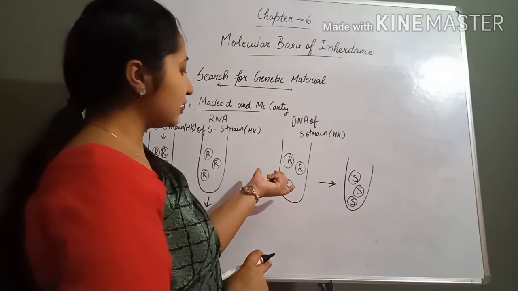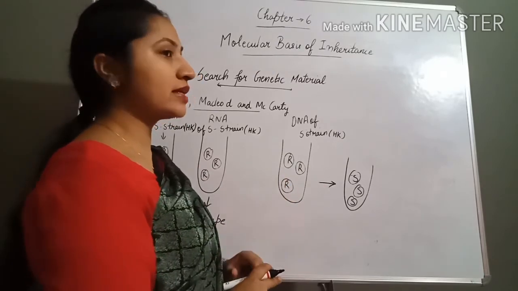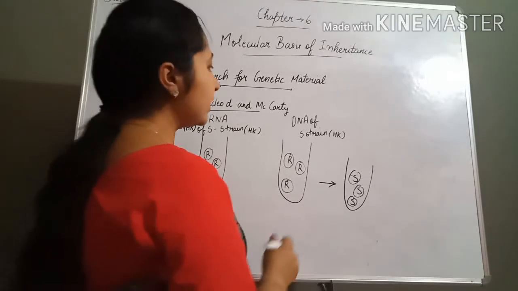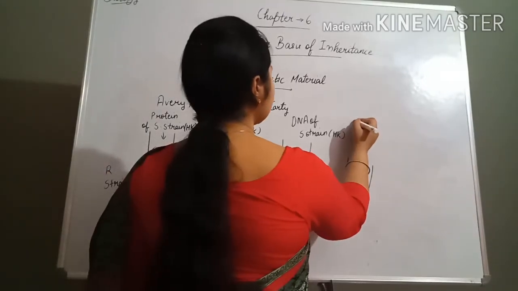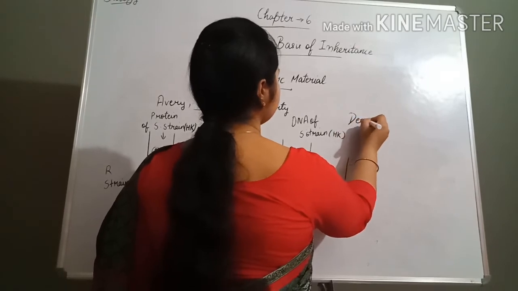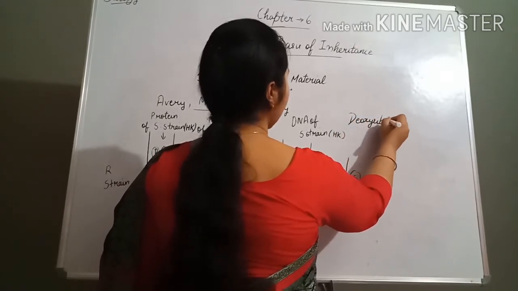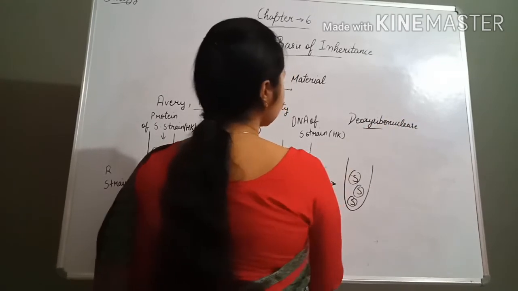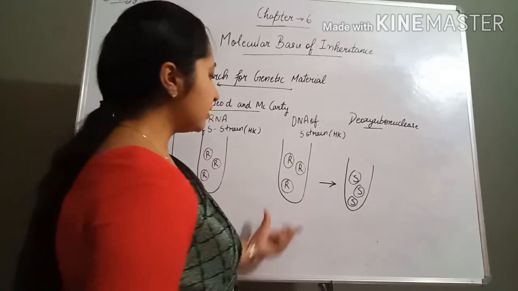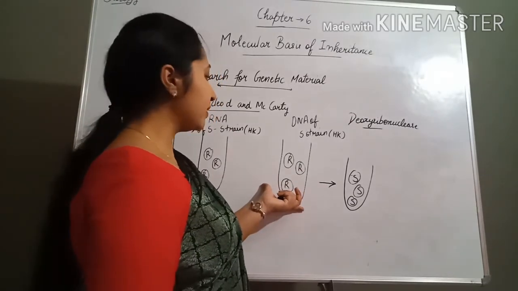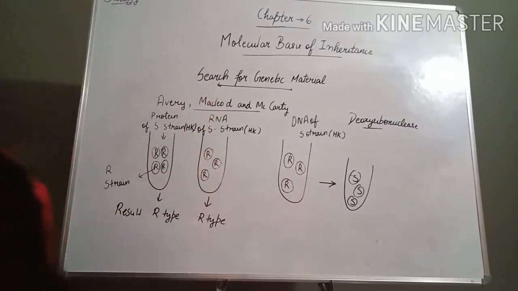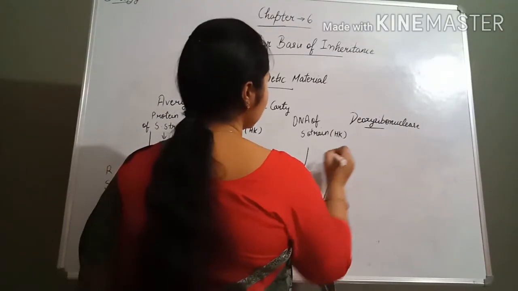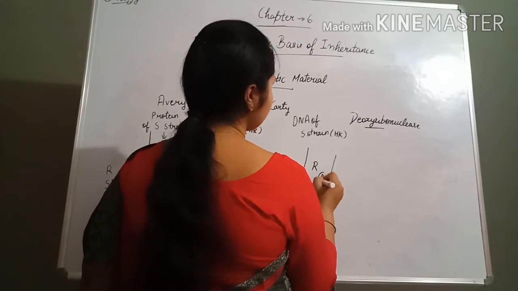Now this is made more clear by one more experiment, when he added deoxyribonuclease into this test tube containing the R strain.